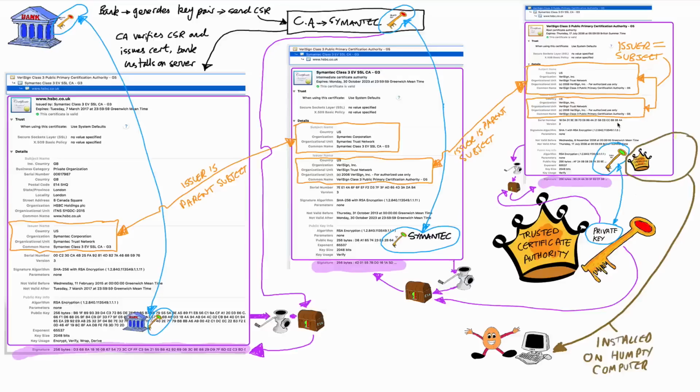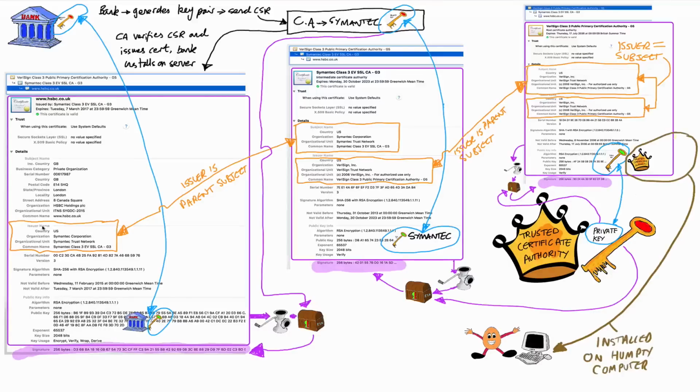And I guess, what would happen if I created my own self-signed certificate? Or let's say HSBC created their own self-signed certificate. What that means is, down here, where we have the issuer name and the subject name, what if we just said the issuer name is HSBC, in the same details, just like up here the issuer and the subject are the same, right?